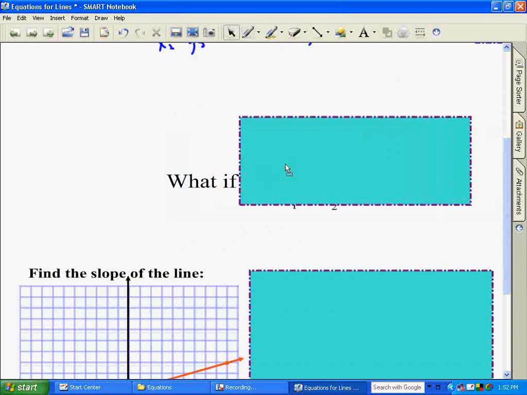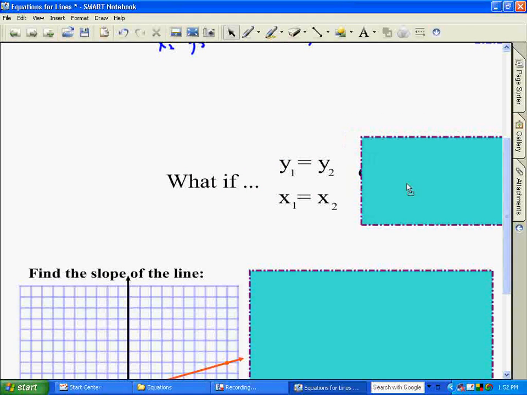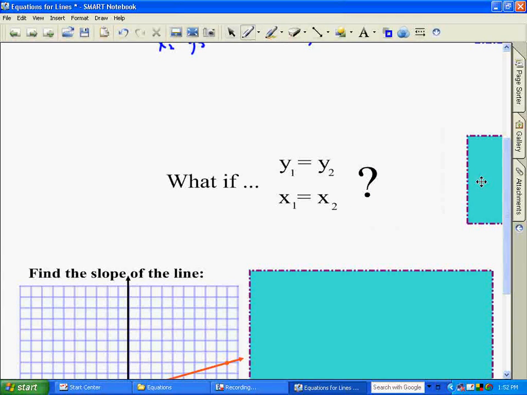All right. What if y1 equals y2 or x1 equals x2? Well, if y1 equaled y2, that means we're looking at 2 points that have the same y coordinate. So for instance, if this were my coordinate plane, those 2 points have different x values but the same y value.